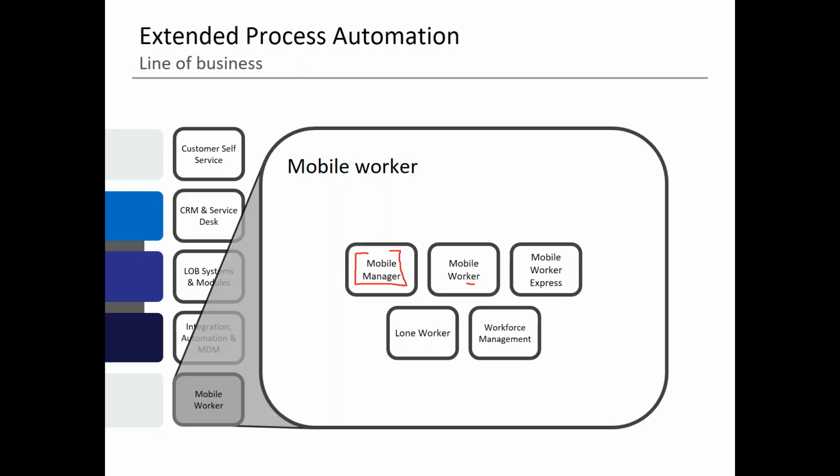That may be someone that is a member of that team that needs to pick up tasks and service requests that have been assigned to them and manage those regardless of whether they've got connectivity and signal, but to be able to update them, update the metadata, take photographs, fill in a form, complete a digital process on the device. That would be something like Mobile Worker. It might be a highly repetitive but nonetheless important task that you want specific specialised workers to be able to do, and that would be something like Mobile Worker Express.